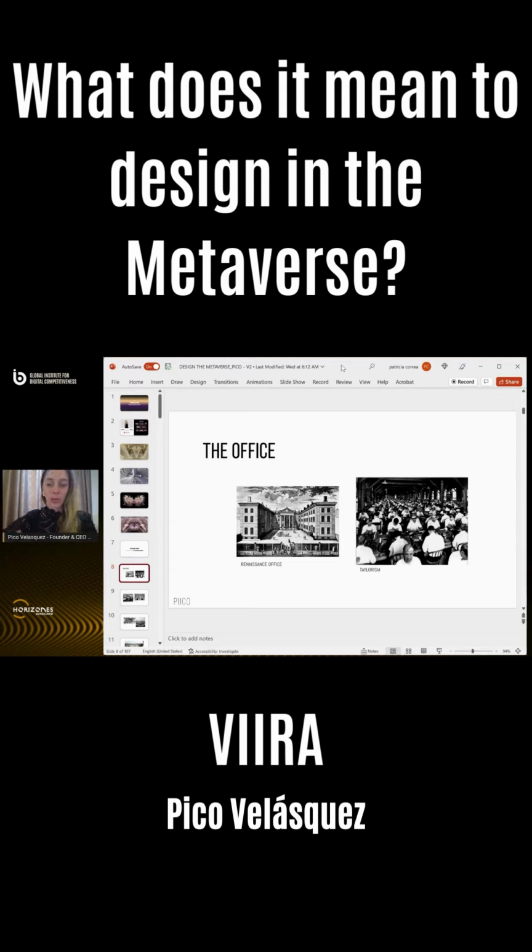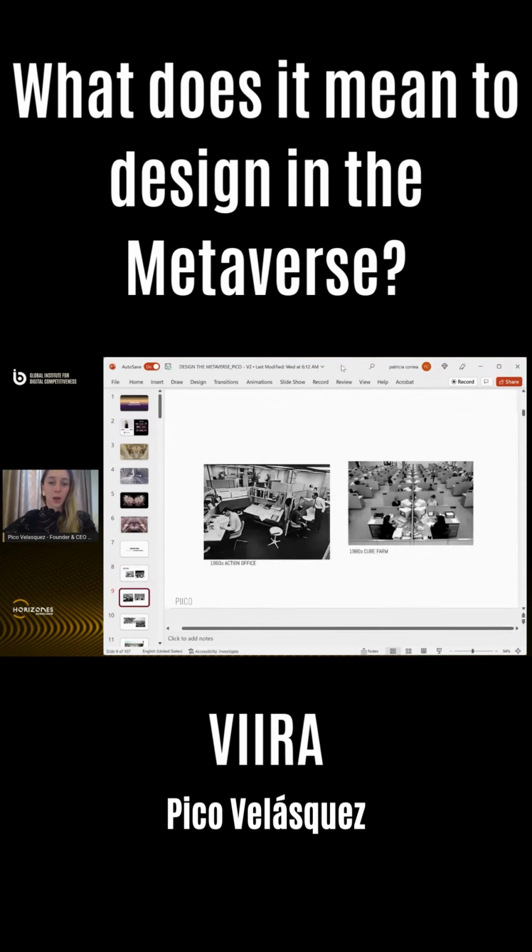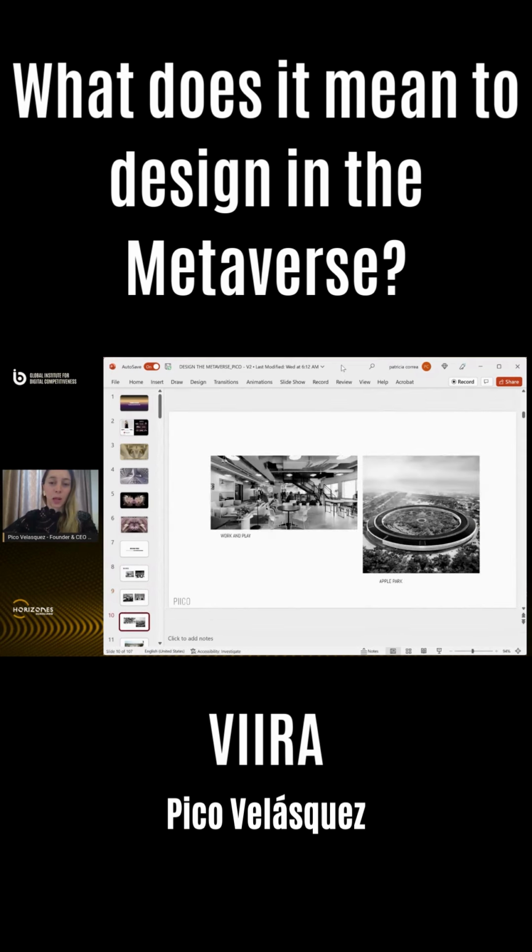So we looked at the typologies, the form of how the office has evolved through time, from the Renaissance office to Taylorism to then Action Office, which led into the Cube Farm, and then Work and Play, which is what we would most likely relate to the movement of shared workspaces, for example, WeWork, right?